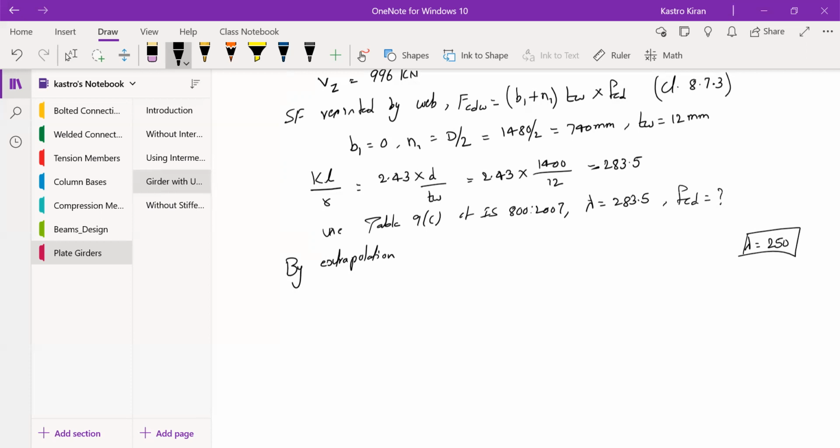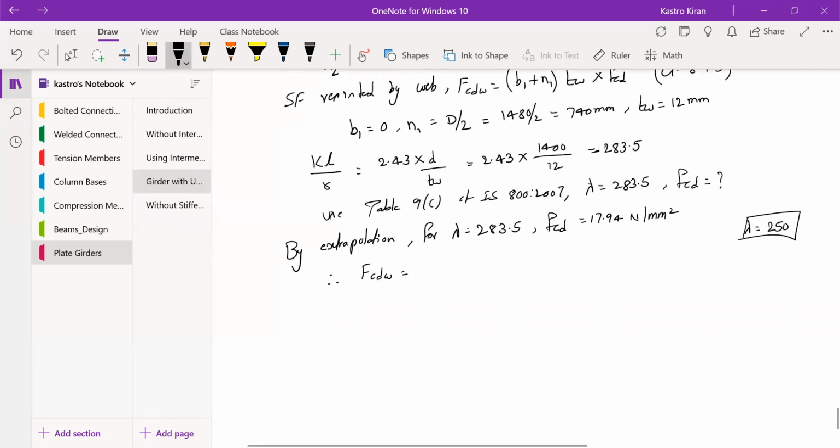So by extrapolation, for lambda equals 283.5, the value of FCD is obtained as 17.94 newtons per mm square. That's how you're getting this value. Therefore, FCDW equals, what is the formula?